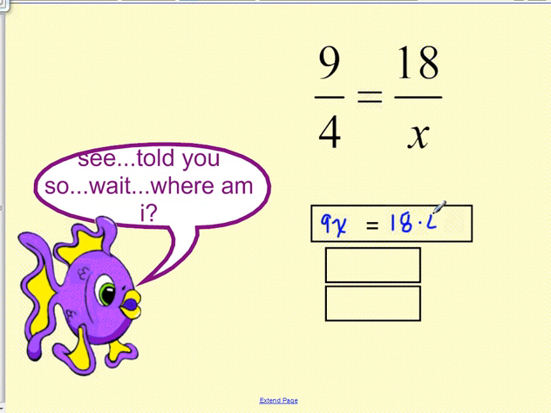Bringing you back to algebra, 9x equals 18 times 4, which is 72. Divide both sides by 9, and x is going to equal 8.